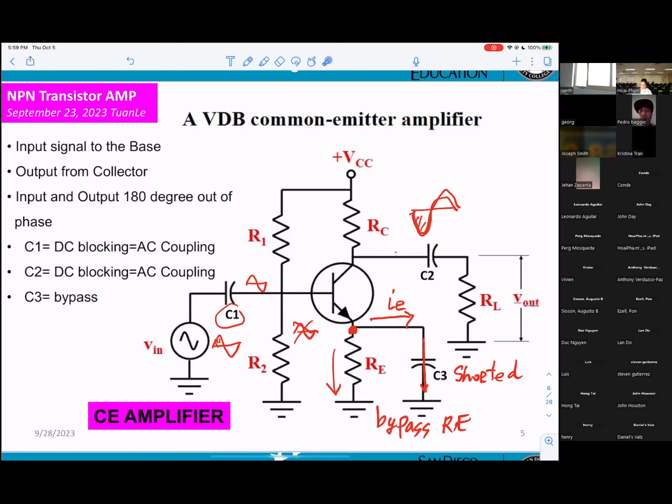Input positive, output negative. Input negative, output positive. That's what they call a 180-degree out of phase. Okay? Any question on that one?